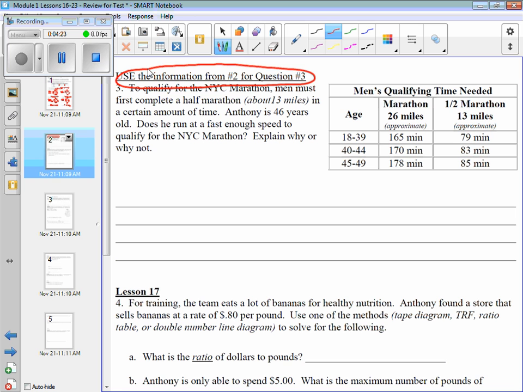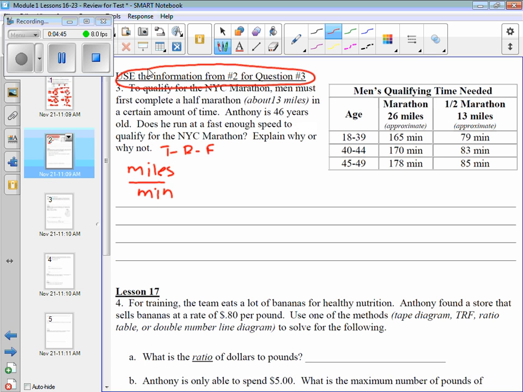This was a tough question. You had to incorporate a lot of different pieces of data in order to do this. We're going to use TRF because TRF is always a good starting block for a lot of this. Not a whole lot of room to work here, but we'll squeeze it in. Miles over minutes, that hasn't changed.